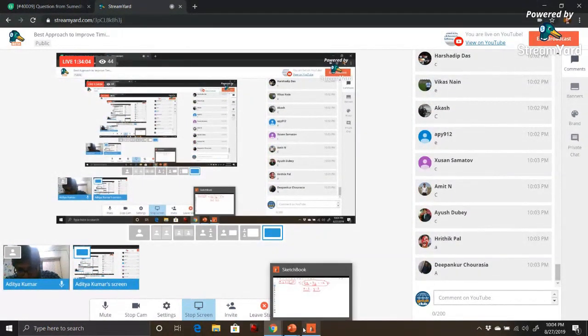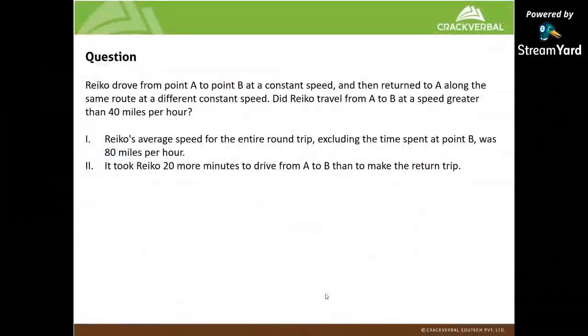Great. So let's have a look at this question, because it's a very good one, and this is how GMAC would set up questions to push you towards falling for a trap. The question says Raiko drove from point A to point B at a constant speed, and then returned to A along the same route at a different constant speed. So the distance is constant.